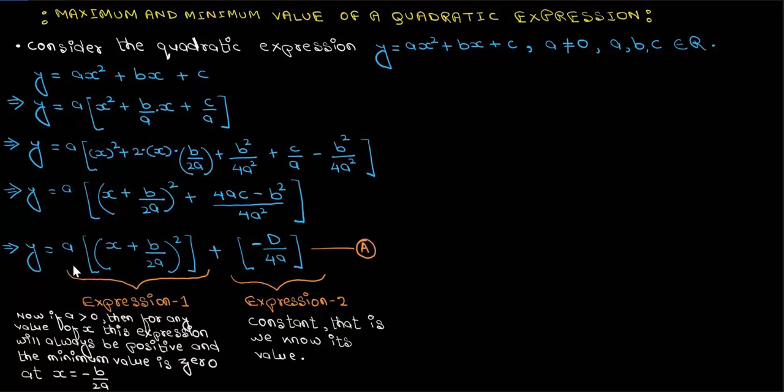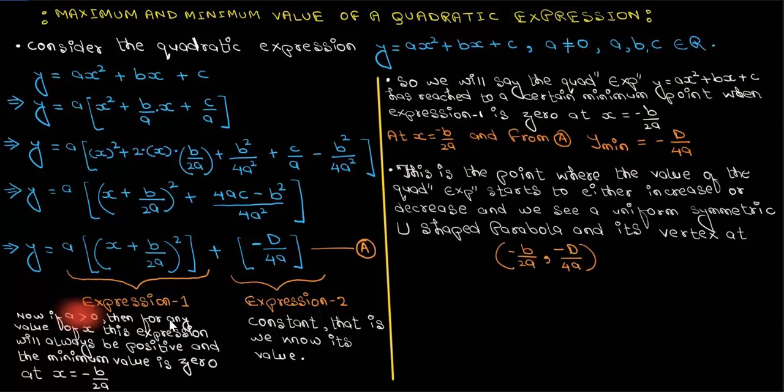Now if a is greater than 0, then for any value of x, this expression will always be positive, and the minimum value is 0 at x equal to minus b by 2a. I am talking about this expression 1 only. If a is greater than 0, then for any value of x, either positive, negative or 0, this term in the big bracket will always be positive, because the square of any number, positive or negative, will always be greater than 0.